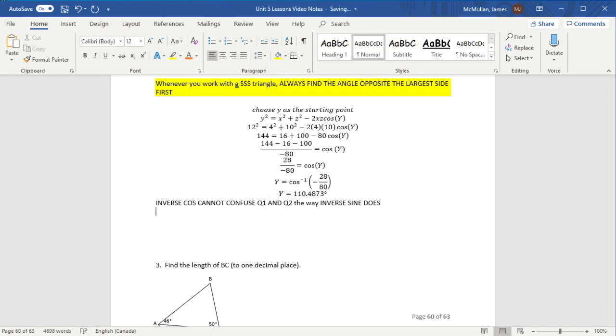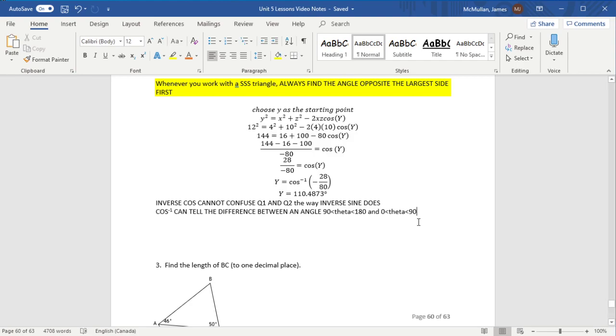Inverse cos can tell the difference between an angle 90 less than theta less than 180 and 0 less than theta less than 90. So the cosine law is really good when solving triangles because it removes that problem of inverse sine.